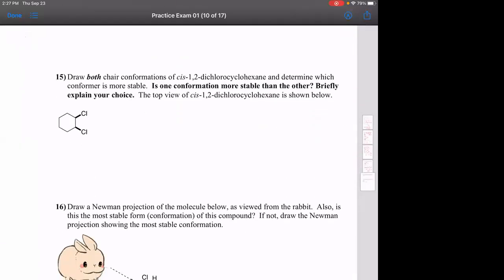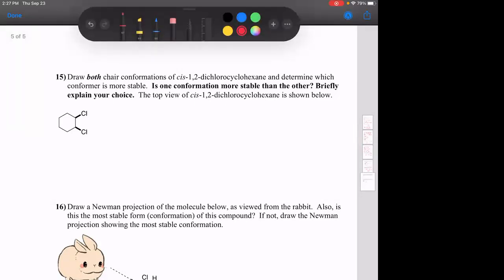Draw both chair conformations of cis 1,2-dichlorocyclohexane. This is something we've been doing in lab. All right. So I'm going to go ahead and just get to work here. All right, so that's C1 and C2.